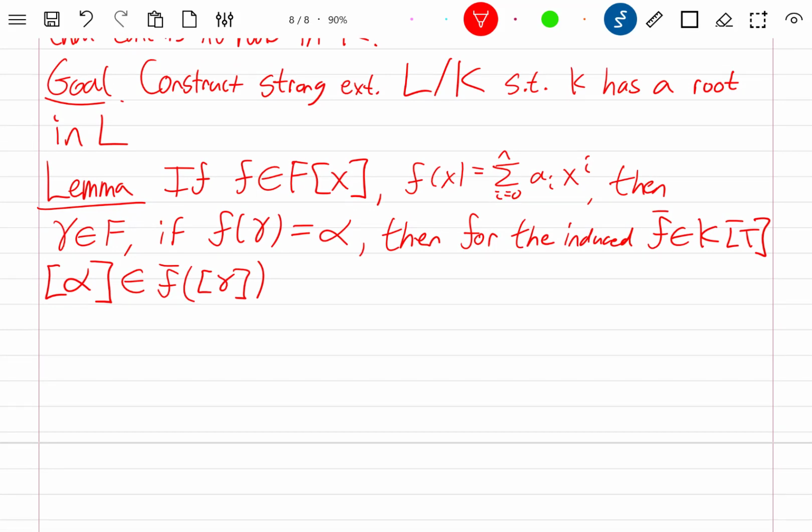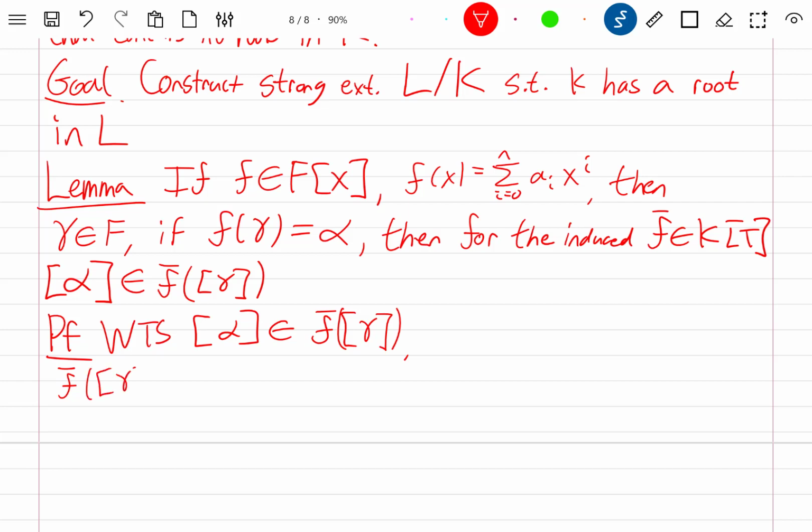So we will now prove this. In the proof, we want to show that alpha is in the induced polynomial applied to gamma. If we recall, the induced polynomial applied to gamma is the hypersummation from 0 to n.